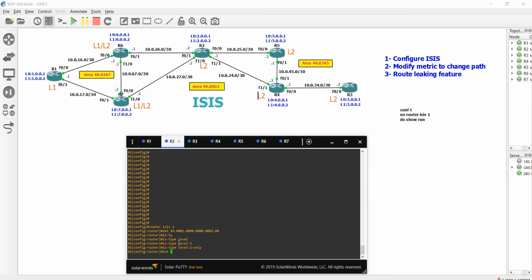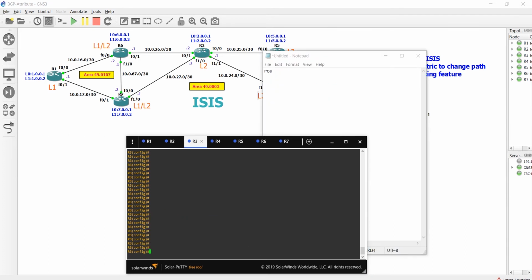And which interfaces should we enable for ISIS? Interface range F1/0 to 1 and F1/0, and loopback 0 to 1. And you should write here ip router isis 1.